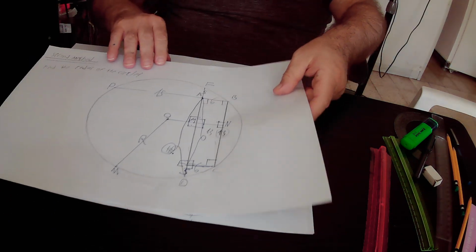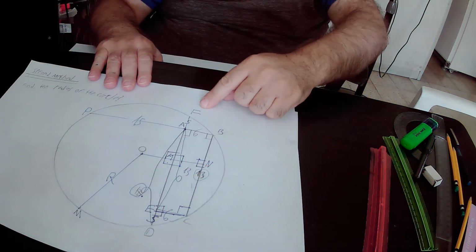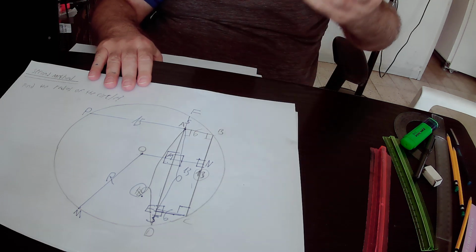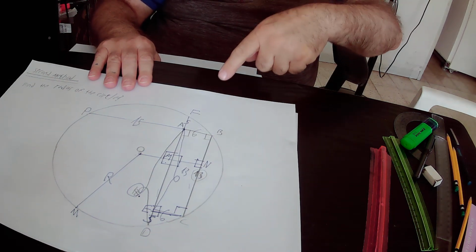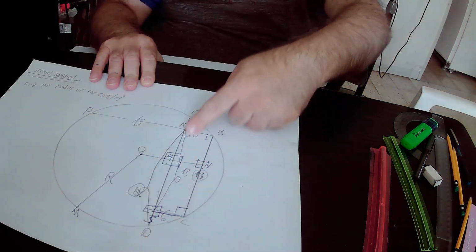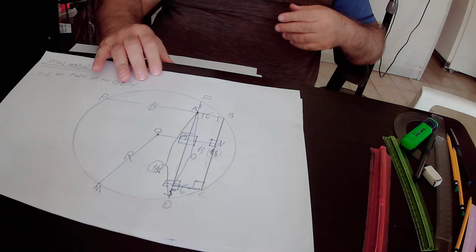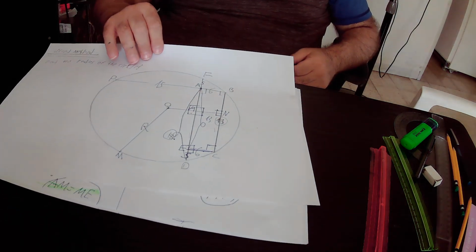Okay, then we extended line segment DA until it touches the circle at point F. In this way, by this construction, we created chord FD. And then we implemented rule number 2 in our drawing.